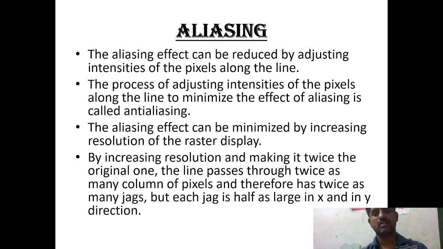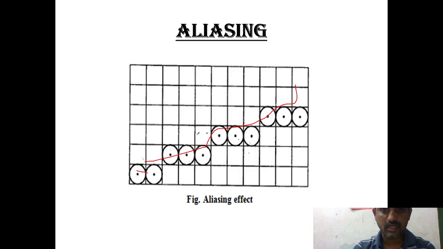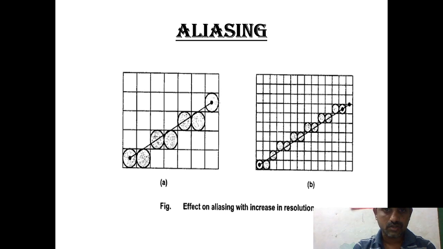See the diagram: before, only the rasterized pixels are selected and the remaining are discarded, but with more points we can assign the line perfectly. This is the effect of aliasing with increased resolution.